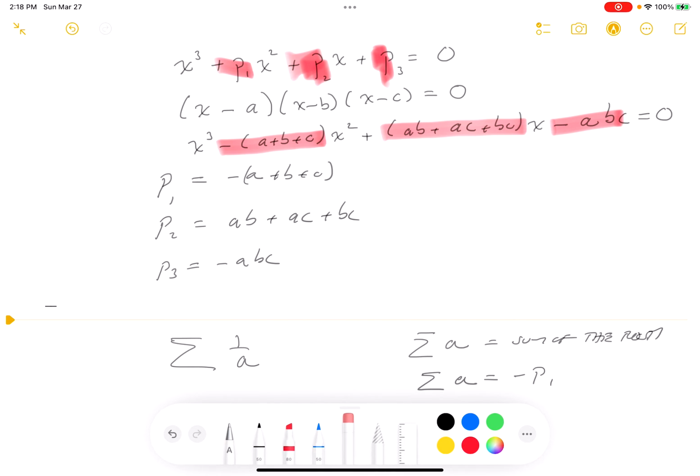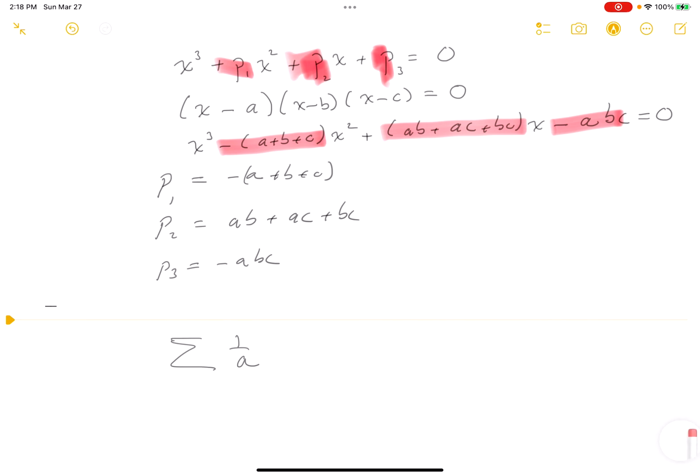I'll erase this now. He's asking for the sum of the reciprocal of the roots. So really what he's asking for is 1 over A plus 1 over B plus 1 over C.